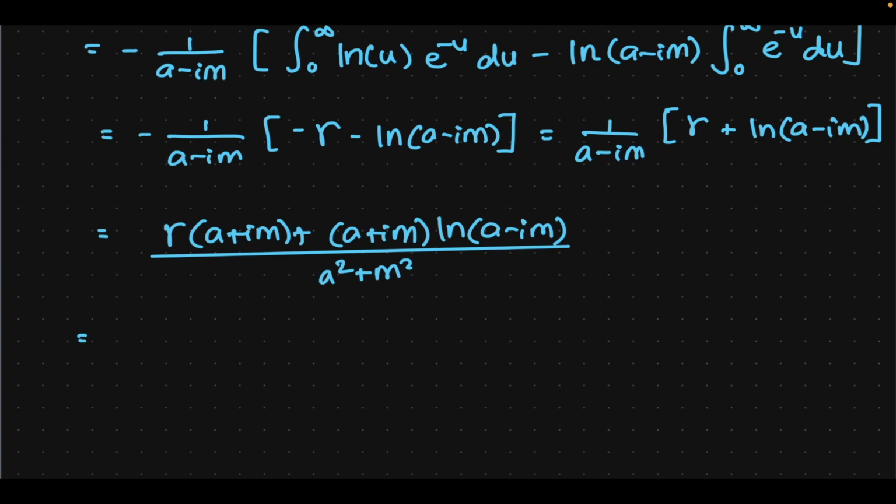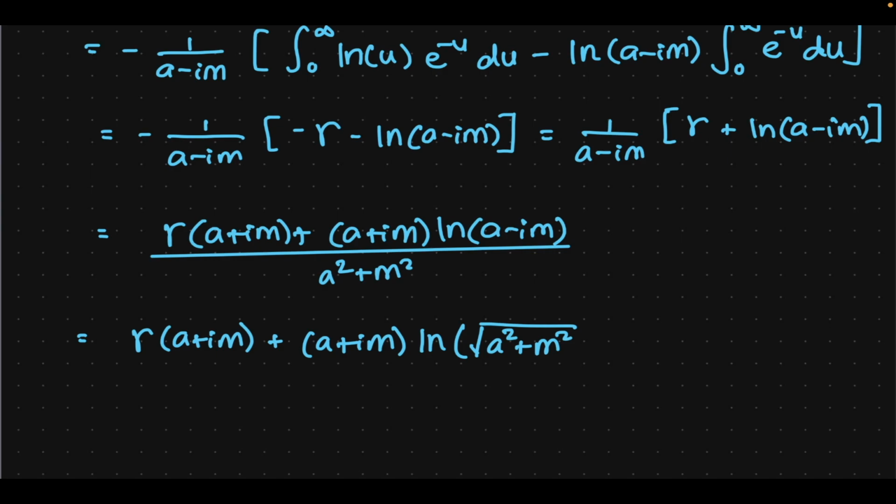Now we can still factorize this into a real and an imaginary part by doing some nifty algebra. The first bit just remains the same. For the natural log, we can use the polar representation of a complex number. That's natural log of the square root of the magnitude, a squared plus m squared, and then the phase e to the minus i, because m is positive and a is positive, so a minus im would be in the fourth quadrant, which is basically minus pi over 2 to 0.